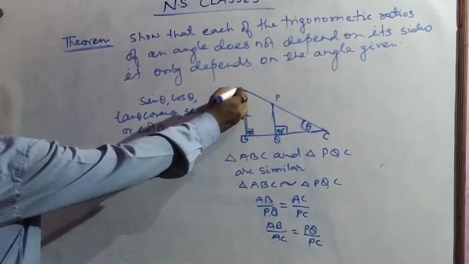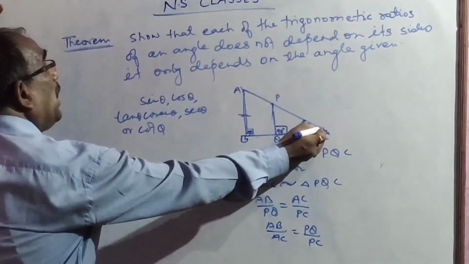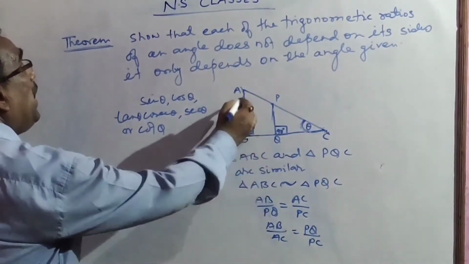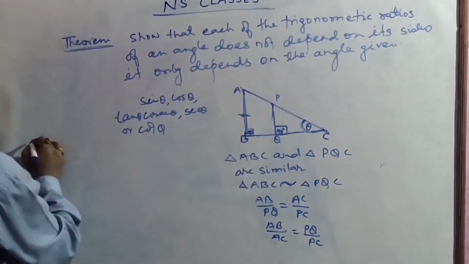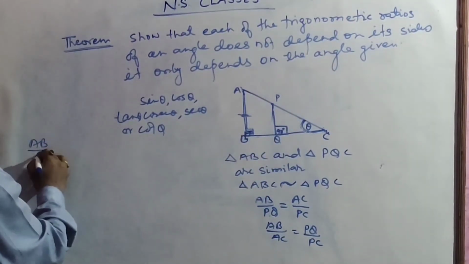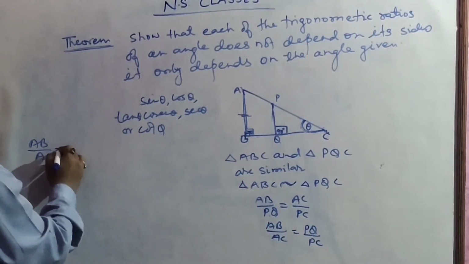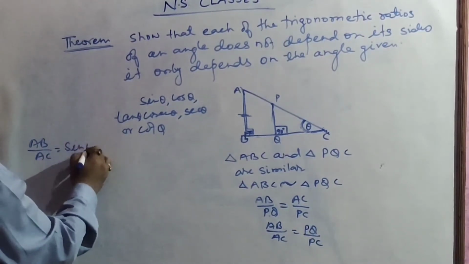In the bigger triangle, what we see here is that AB by AC is sine theta.